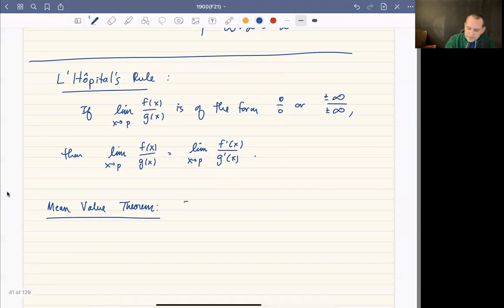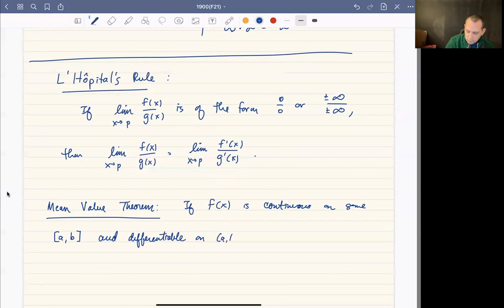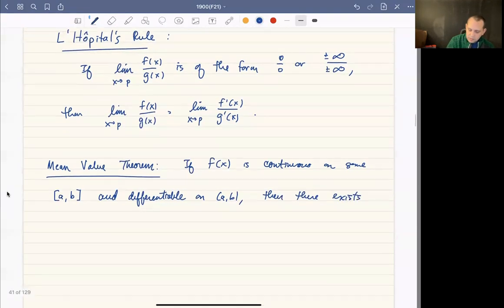So the mean value theorem says that if you have a function f, and if f is continuous over some closed interval, by closed I mean an interval with endpoints, and differentiable in the open interval, by open I mean the interval without endpoints, then there exists a value c where the derivative at c is equal to the mean value, or the average value of the function, over that interval.